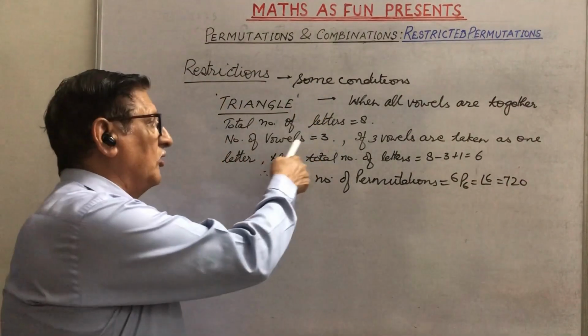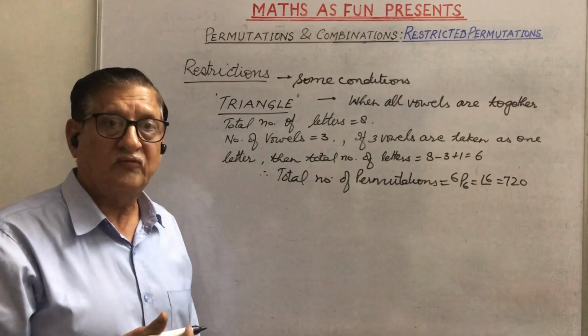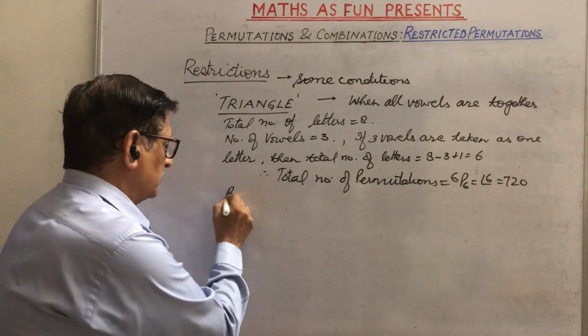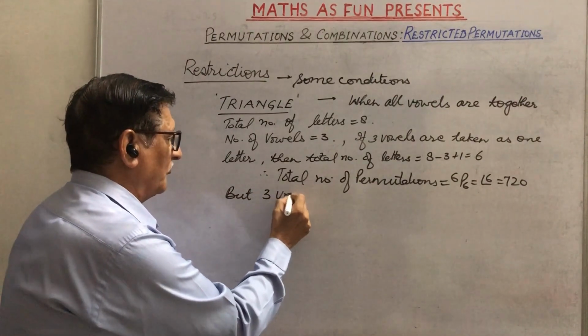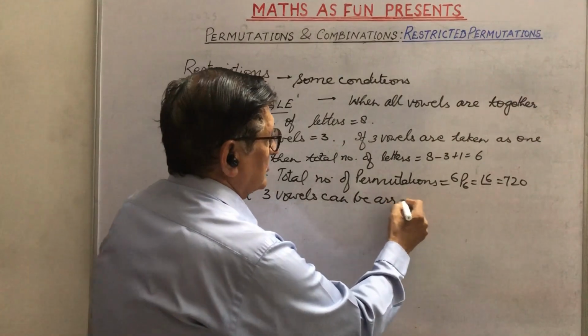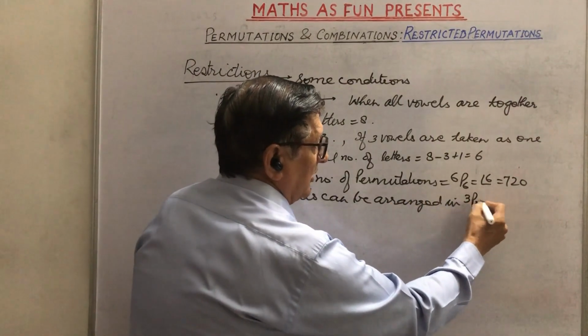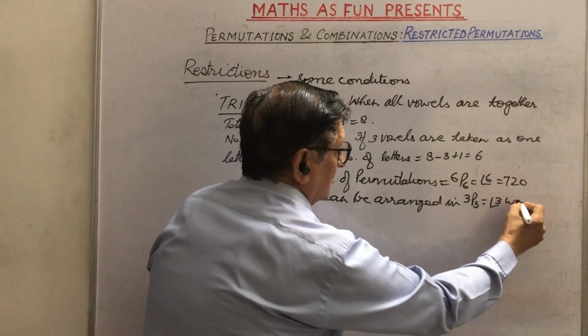But these three vowels can also be arranged among themselves in 3P3, or we can say factorial 3 ways.